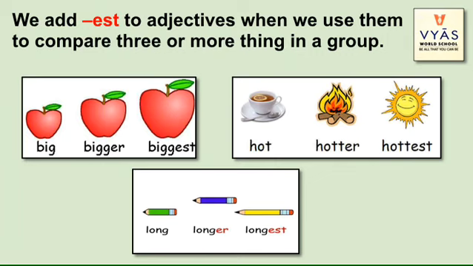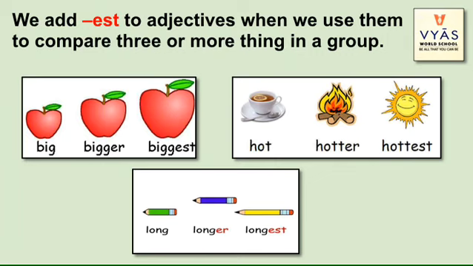We add est to adjectives when we use them to compare three or more things in a group. Look at the first example given here. On your screen you can see a few apples. So big, bigger, biggest. When we are talking about one thing, then we use the adjective big. Like, I have a big apple.